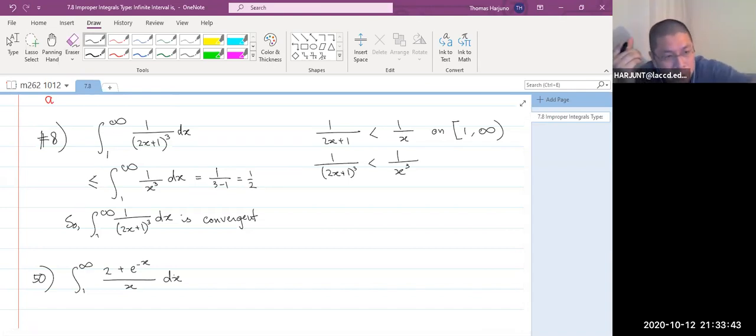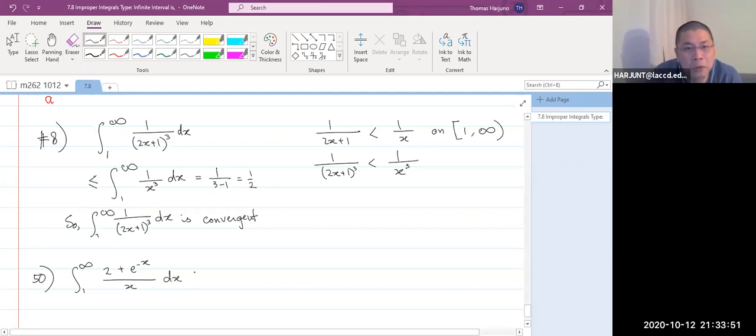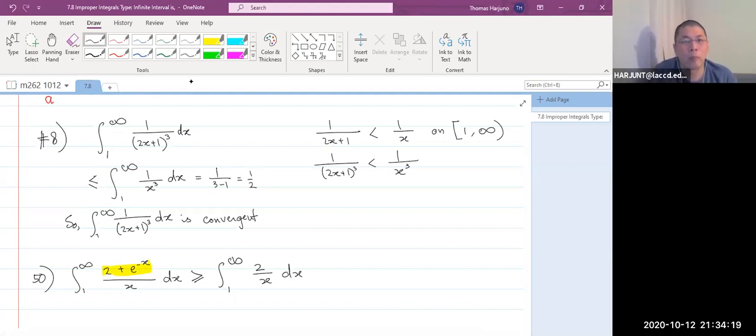Do you think this will be convergent or divergent? And then you do the bounding. Now, what happened here, we can say, notice that this guy here is definitely greater than 2. Is it right?